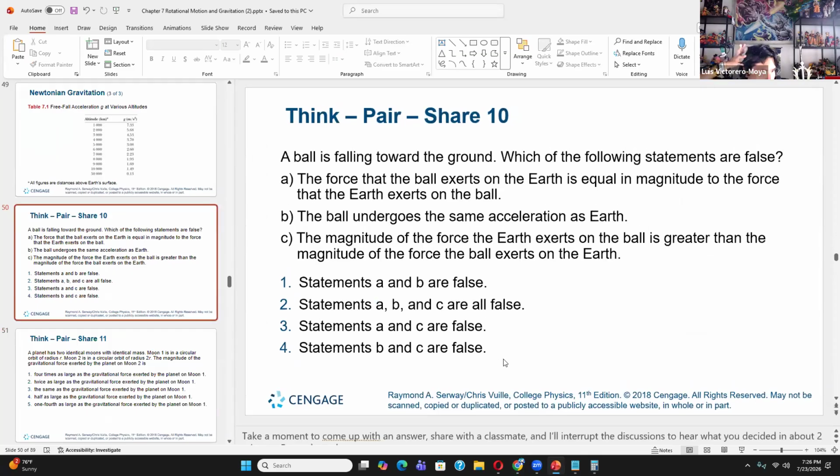So based on what we have discussed, the apple, the planets, which ones of these are true? I explained that with the apple.